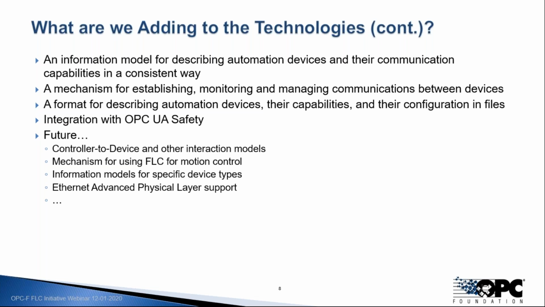So the information model will give a prospective client for a given device a way to discover what the device is, how it identifies itself, discover its capabilities, so we can find out if it supports Profile A or Profile B or both, find out what its security requirements are, find out what its safety capabilities are, find out what data it knows how to publish, what data it knows how to subscribe to. So it's a very complete information model to let a prospective client really understand what a device knows how to do and how it knows how to do it.